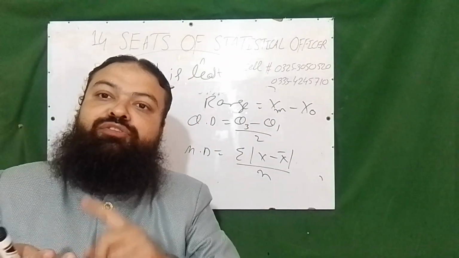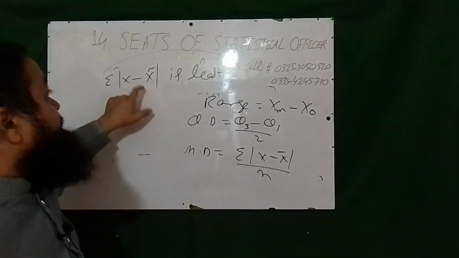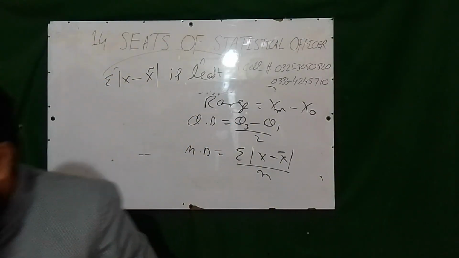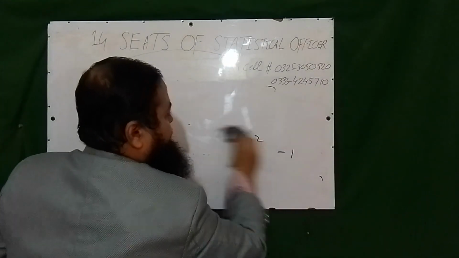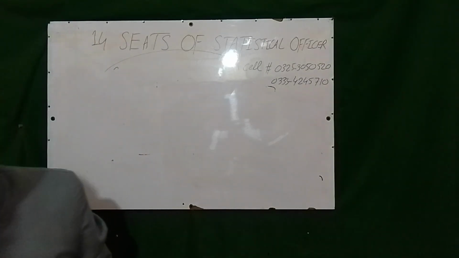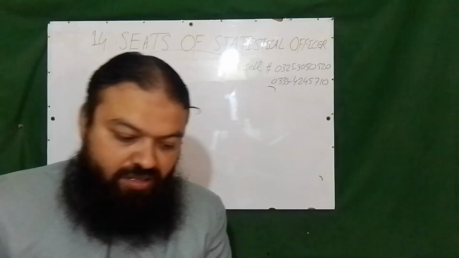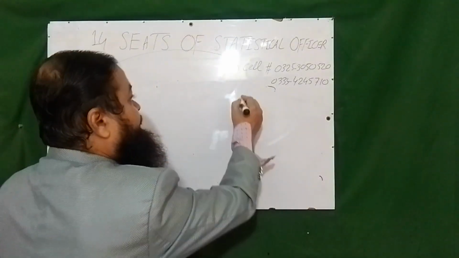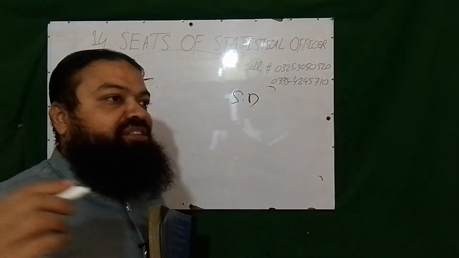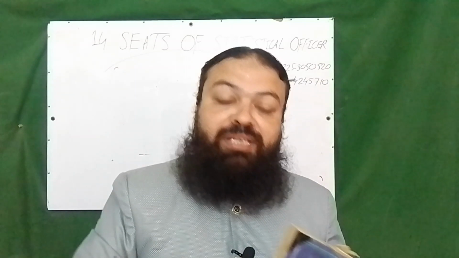For mean, for median, for mode? That will be least for median, a very important one. Which is the most stable dispersion? That is standard deviation. Which is the most stable average? That is arithmetic mean.